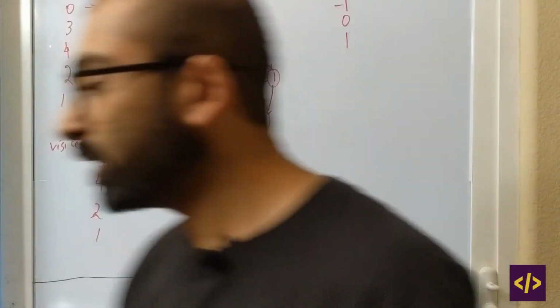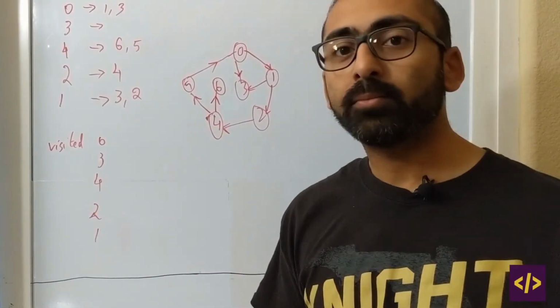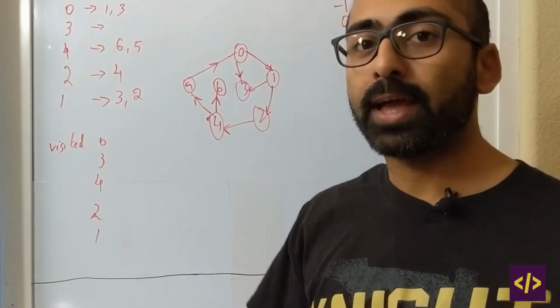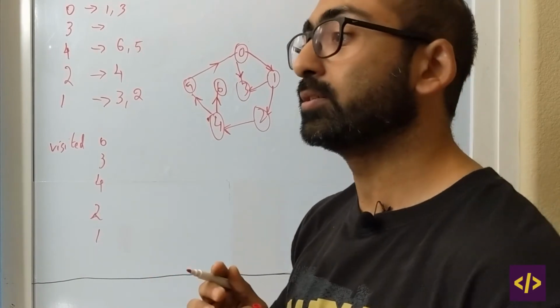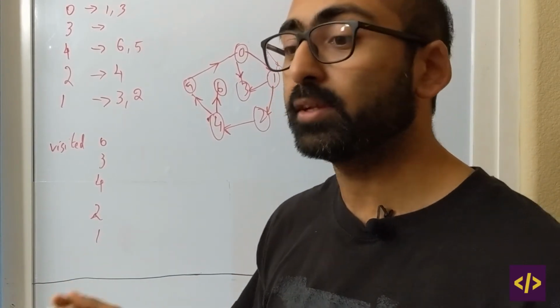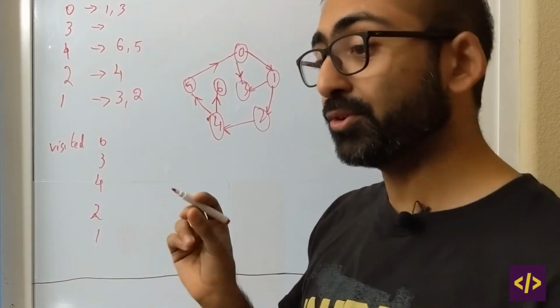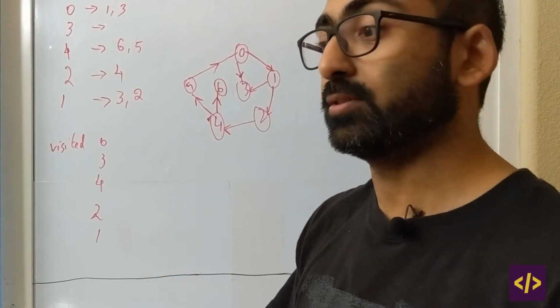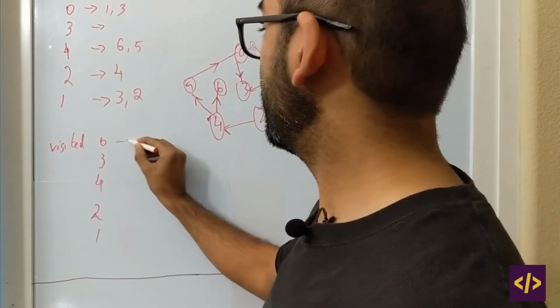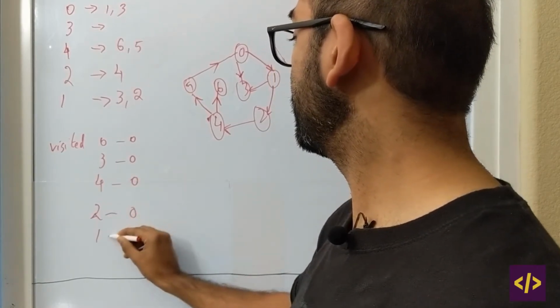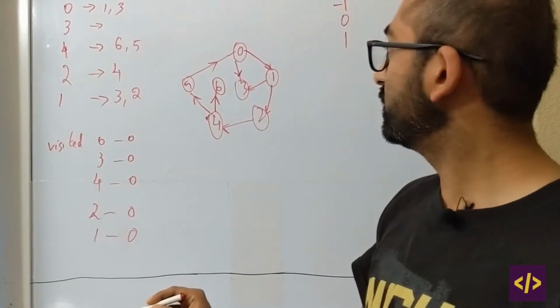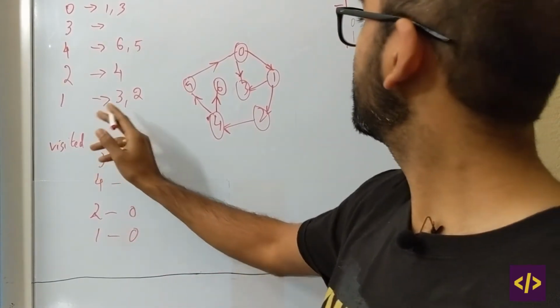Coming back, the minute you start this algorithm, you can initialize all of the visited as 0. That's the state where no processing happened. You don't know whether it's a cycle or not. So 0, 0, 0, 0. Are we missing any numbers? Yes, we're missing some numbers.